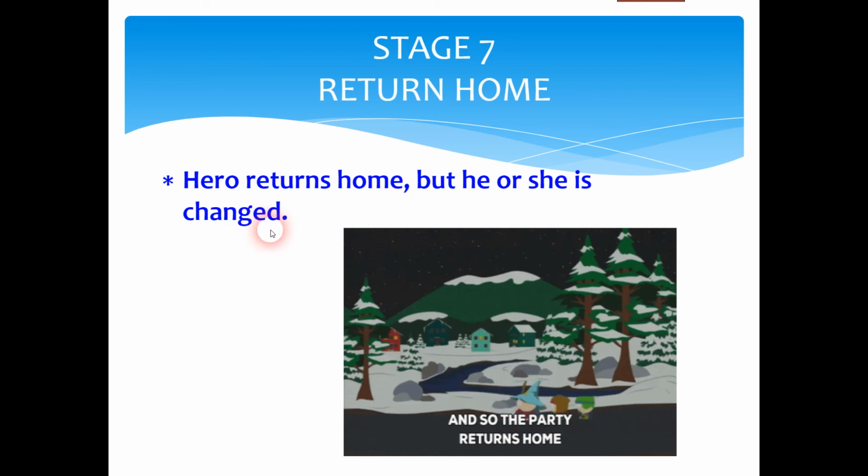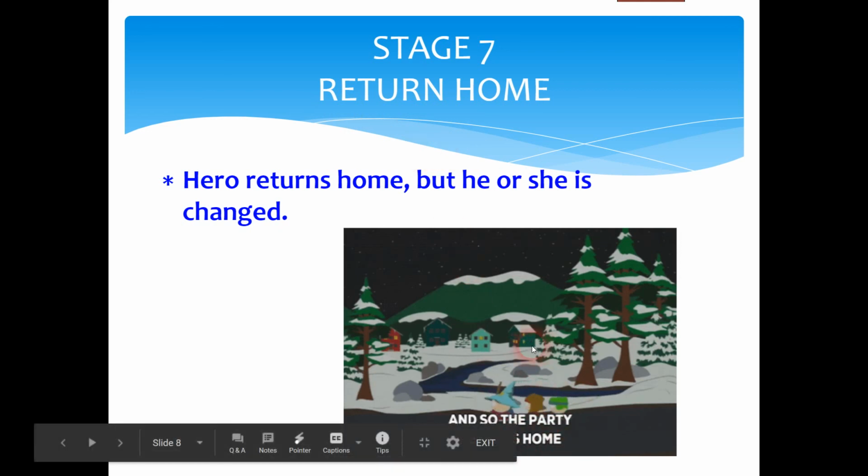It is no spoiler to tell you that Percy will also return home changed. Sometimes kids think I'm spoiling the story, but I'm not, because he's going on a hero's journey and they are all the same. So stage 7, return home. This is the final stage. Okay? Everybody goes back home. Or the main hero goes back home.